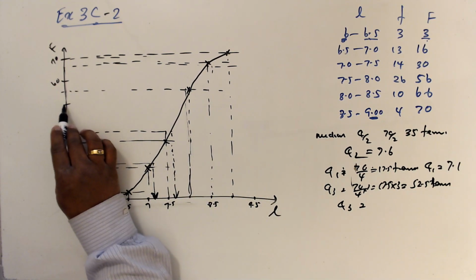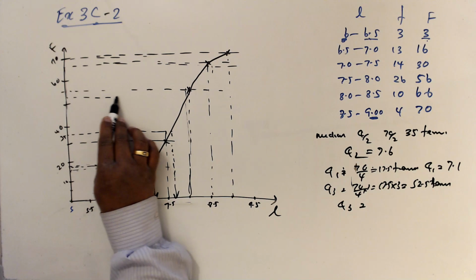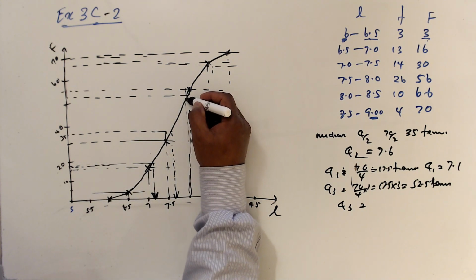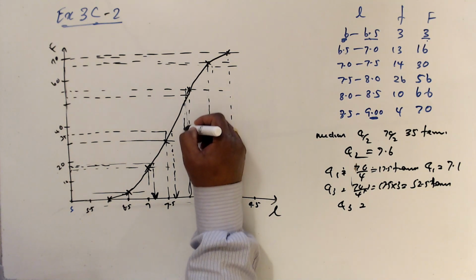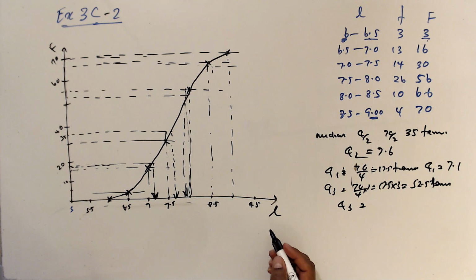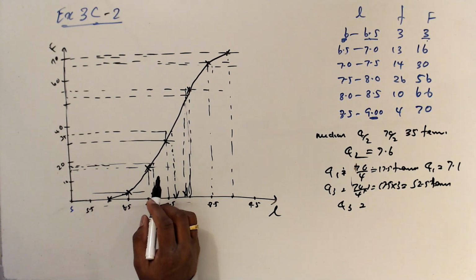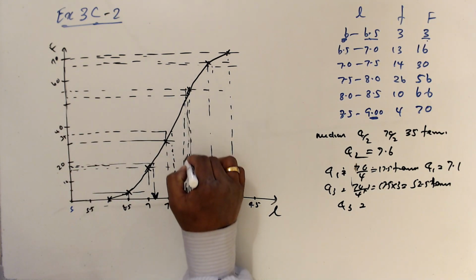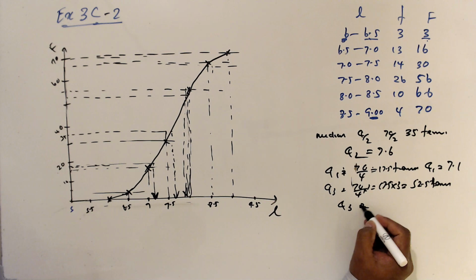So this is 50, 52 point. That is somewhere here. It's going to be almost approximately 8 centimeter. 8.